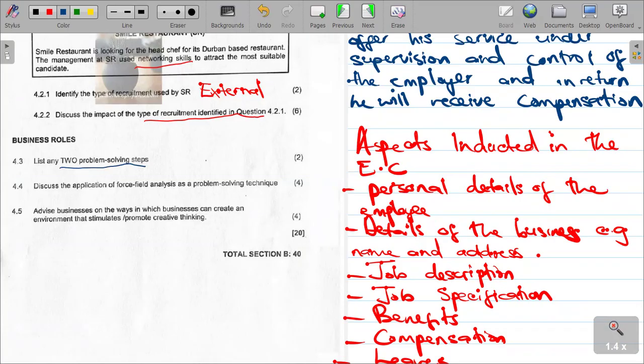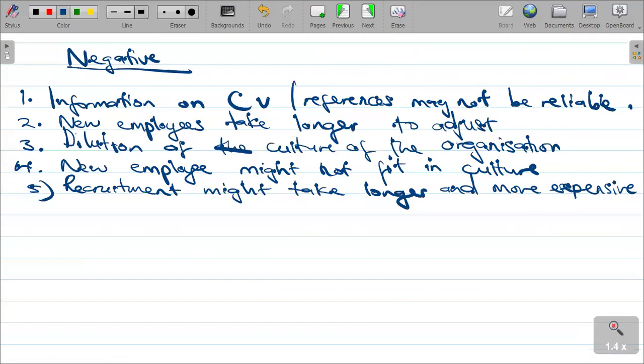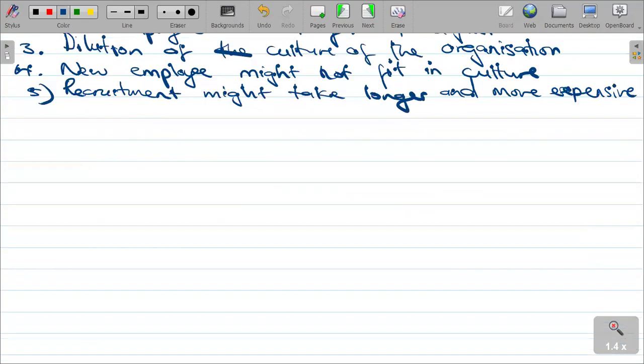I'm going to list all of them. Problem-solving steps. So there are 8 steps.